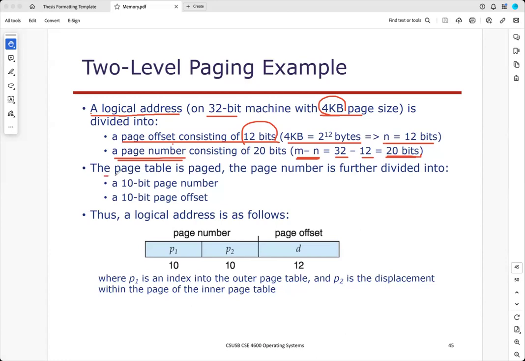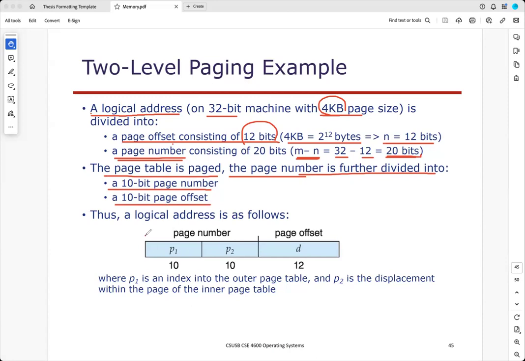Now we page the page table. The page number is further divided into two parts, a 10-bit page number and a 10-bit page offset.